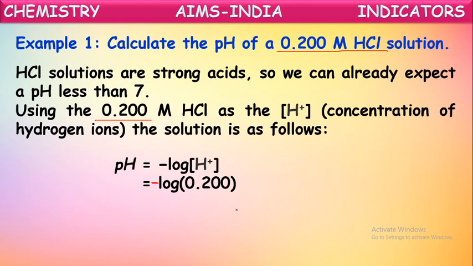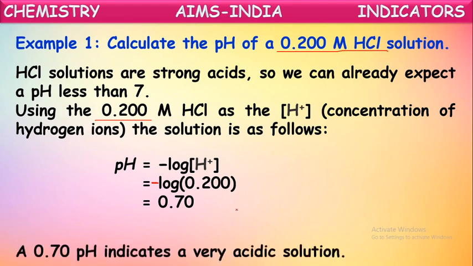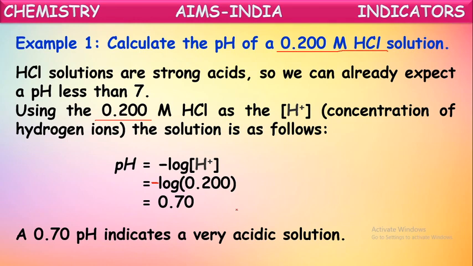We have substituted that. By that, if you calculate the value of minus log 0.2, we get it as 0.7. So a 0.7 pH indicates a very strong acidic solution.